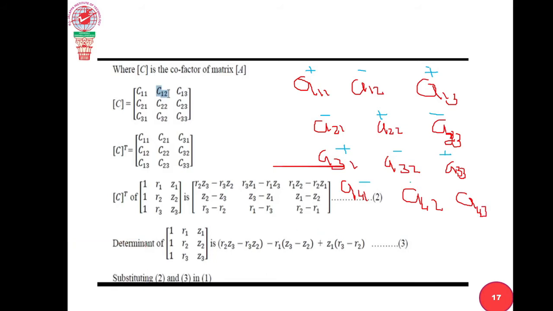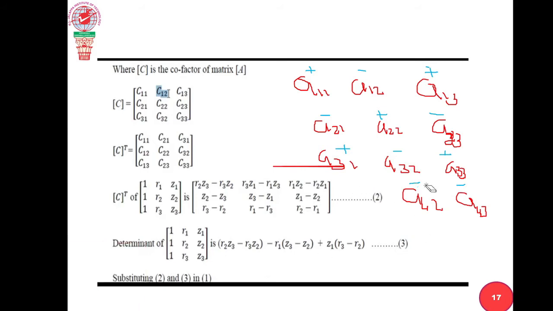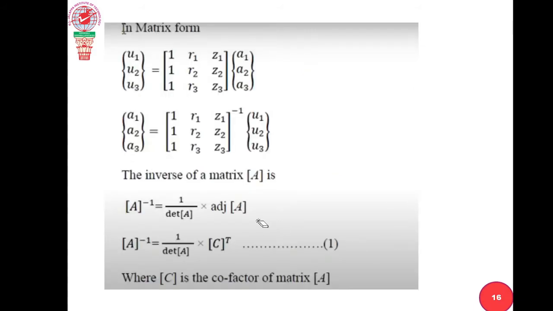Minus, plus, minus like that. But now we don't want that because we have only a 3 cross 3 matrix. I will erase this. Correct? Is it clear?